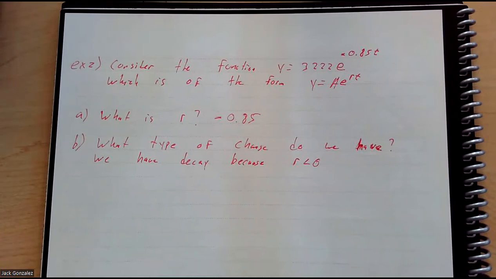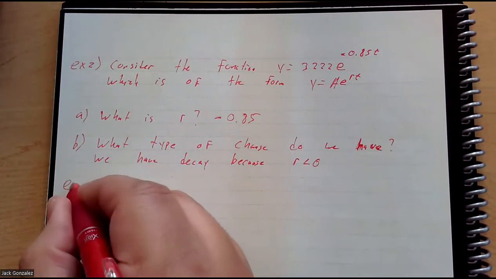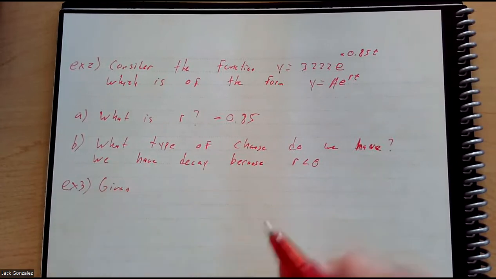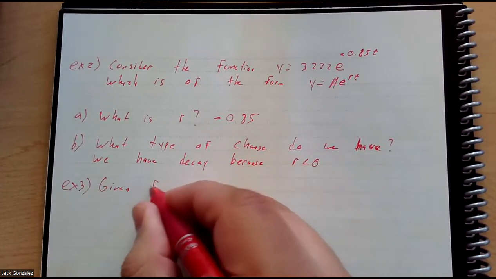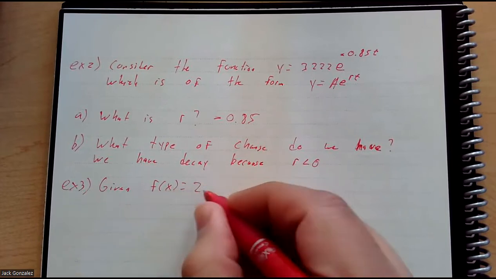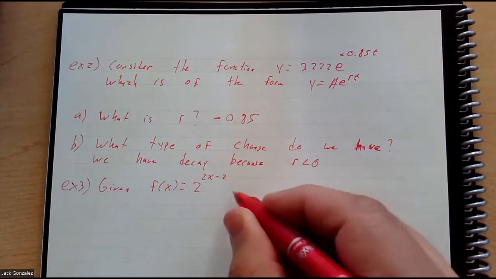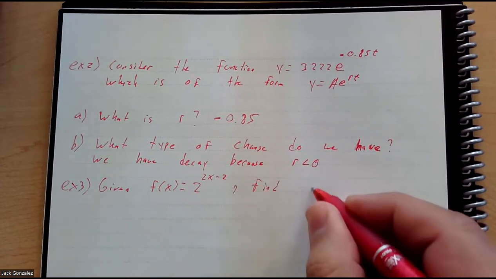So they'll ask you stuff like this. What type of growth rate? Can you identify the initial amount, the rates, and can you plug in numbers? So given a random exponential, can you plug this in? Say 2 to the, I don't know, 2x minus 2, find f of negative 3.